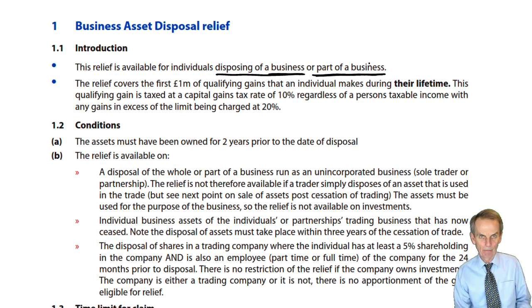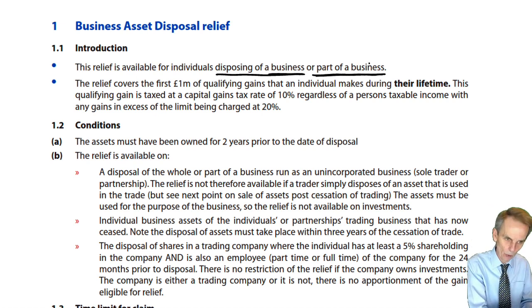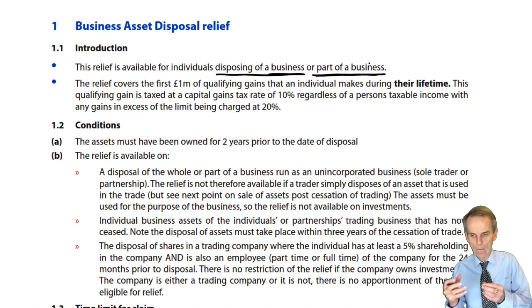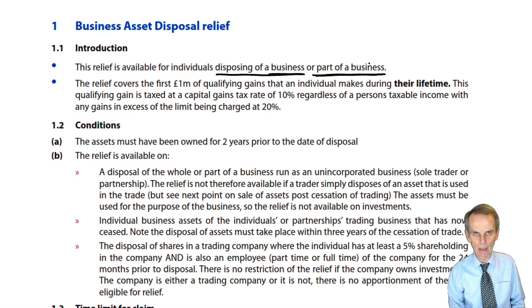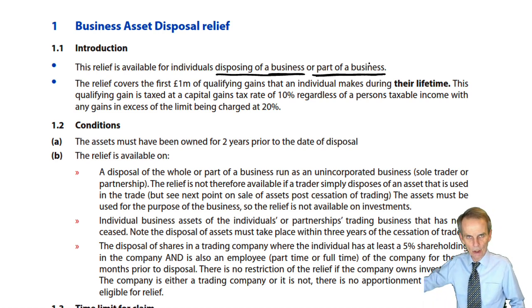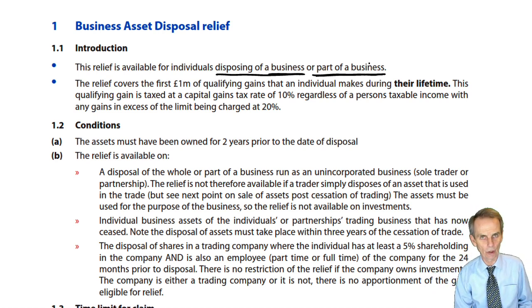So that would include the sole trader, the partner, but also in terms of the business being sold, it cannot be just an asset used within the trade. It must be an identifiable separate part of the business, something that can operate in its own right as a business. Just selling off an asset used in the business is not sufficient.